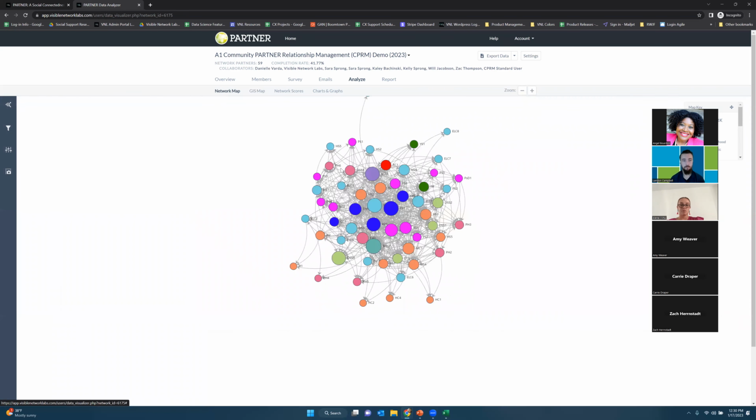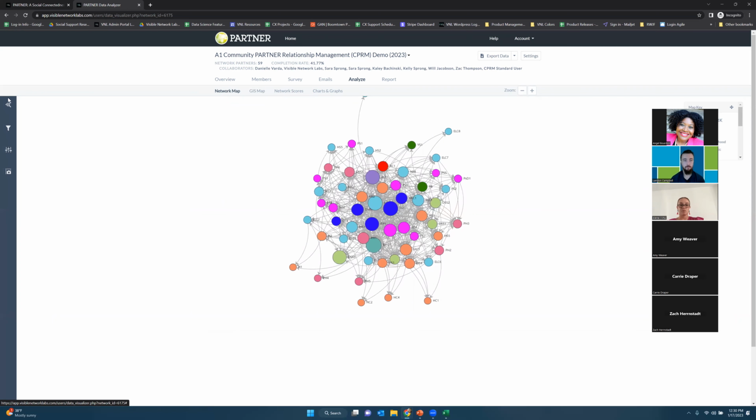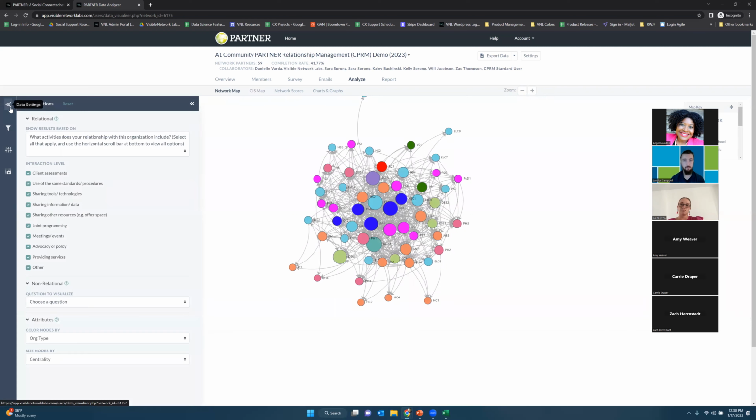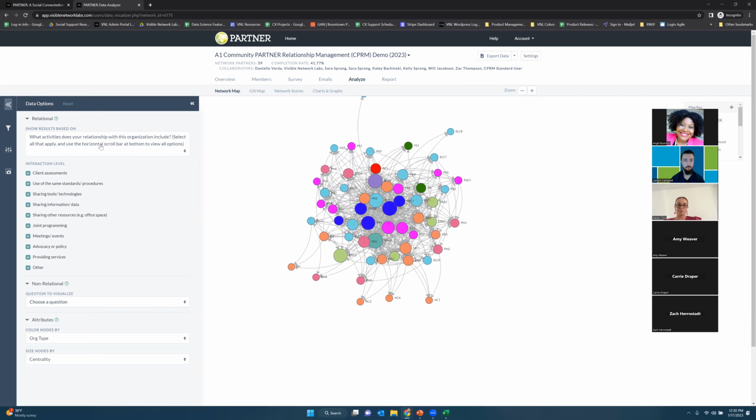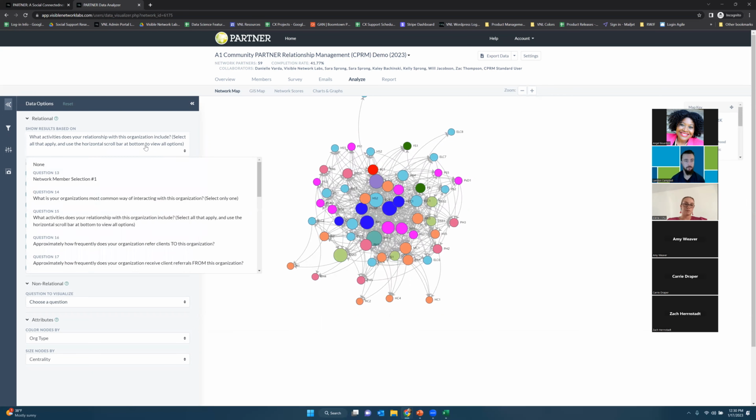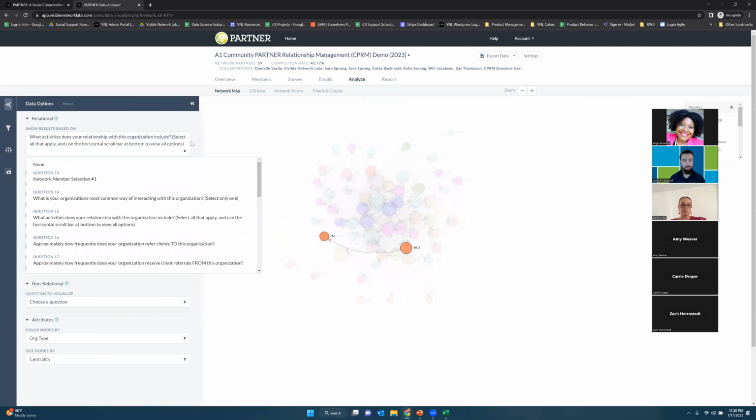because I think this is where you might be spending most of your time within the analyzer as well. So we mentioned that there were questions that we asked about partnerships, right? These are those relational questions. You can see a map of any of those selections.